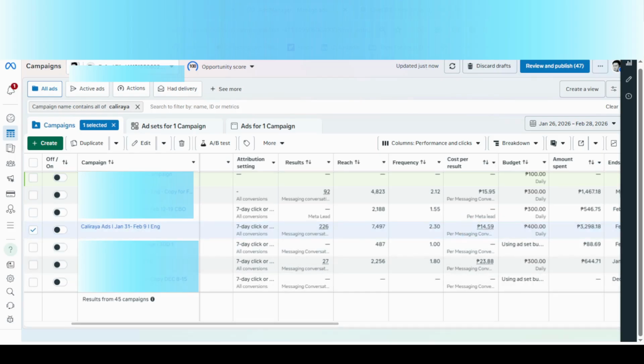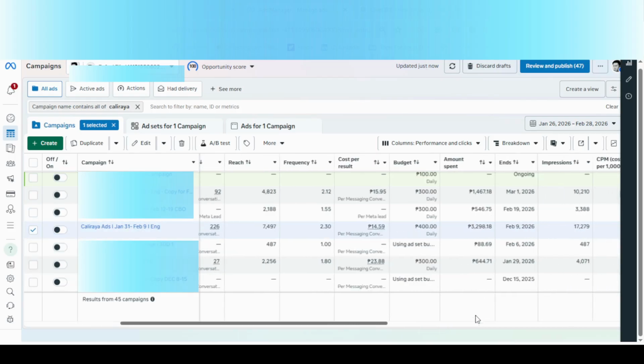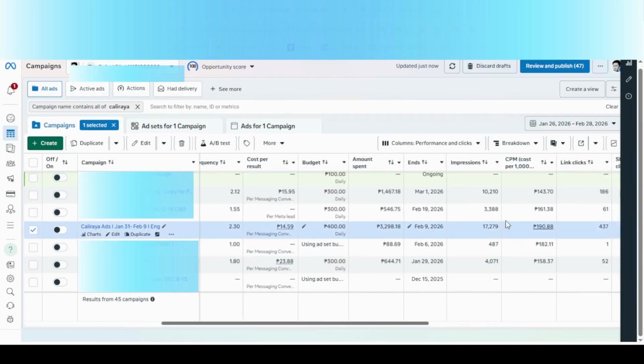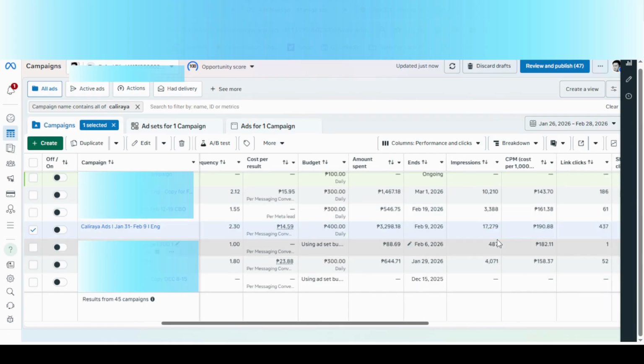The budget for this campaign is 400 pesos. The total spent is 3,219. I think we ran the ads for more than 7 days, no? January 31 to 9, this is totally 10 days. So we added 3 more days because we think that the ad is doing good. Now the impression is 17,279.